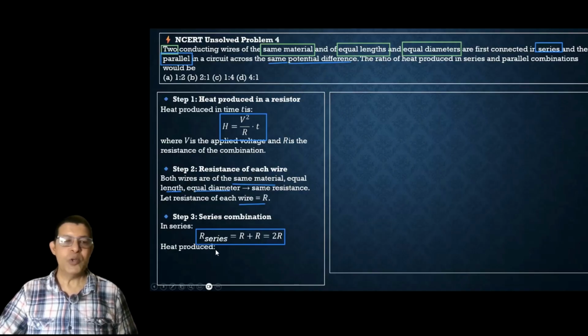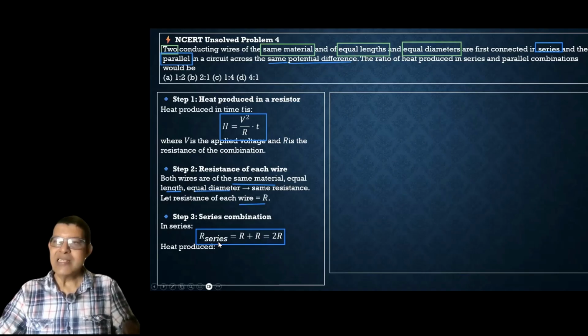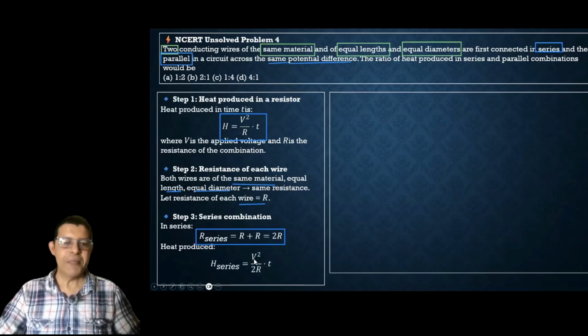Next, heat produced will be now, we have to take this series ka equivalent resistance and replace it in the heat ka equation. So what you'll get?